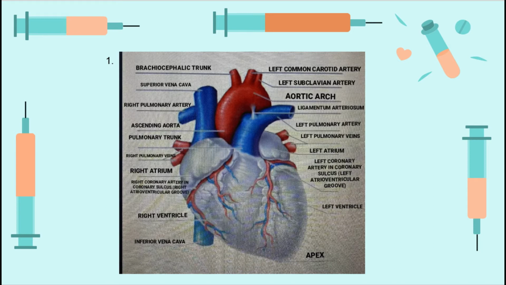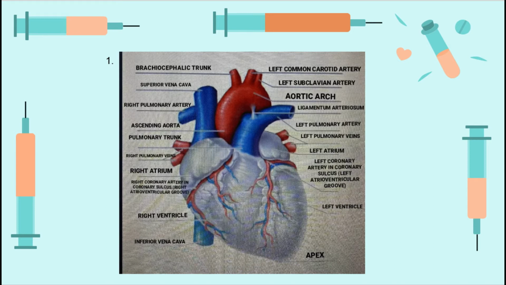For the eighth one, which is the left coronary artery in the coronary sulcus, or the left atrioventricular groove, it originates posterior to the pulmonary trunk and travels inferiorly, separating the left atrium and left ventricle.